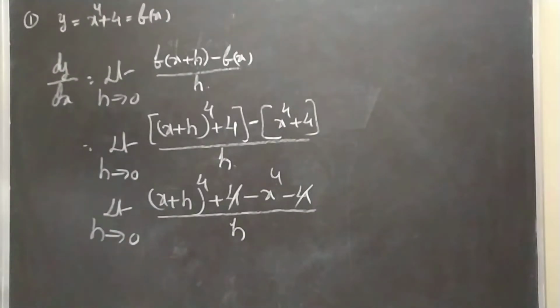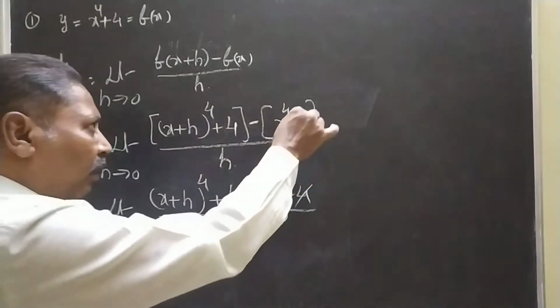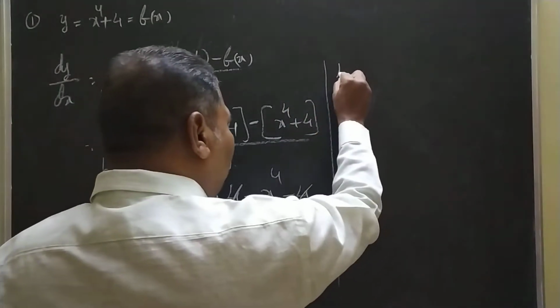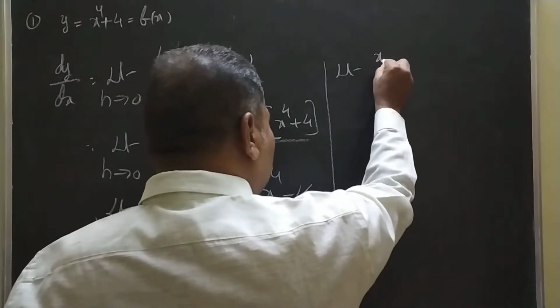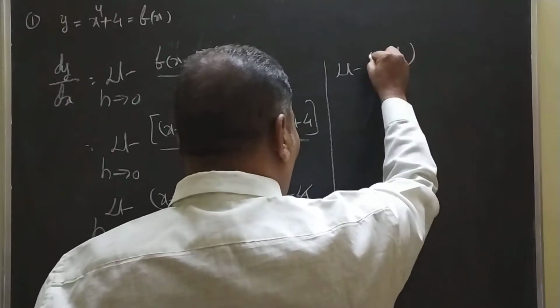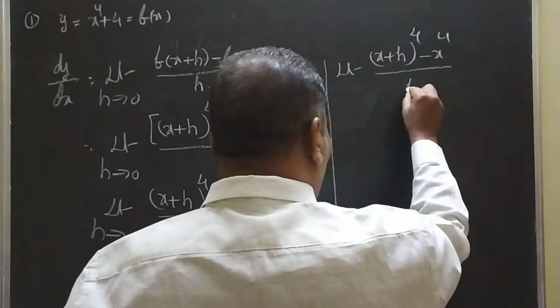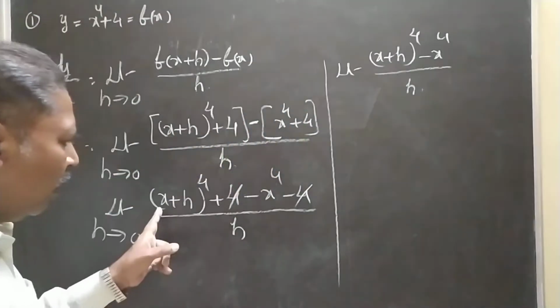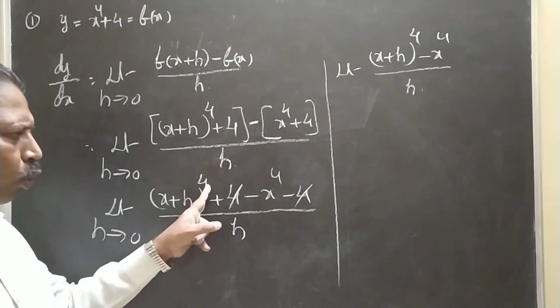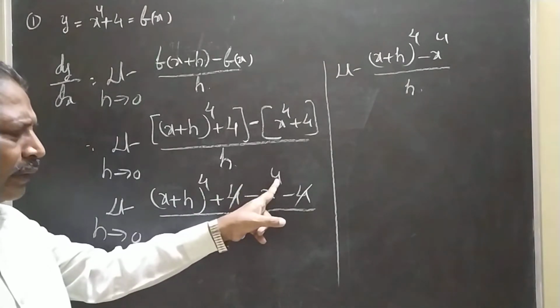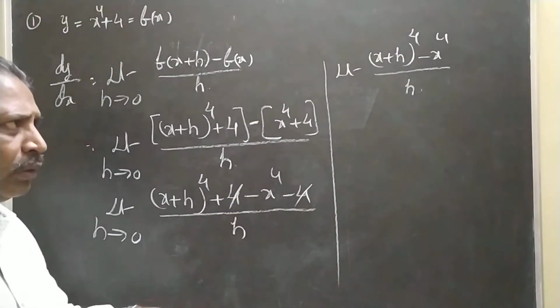Plus 4 minus 4 cancel. Next, limit of (x plus h) whole power 4 minus x power 4 by h.